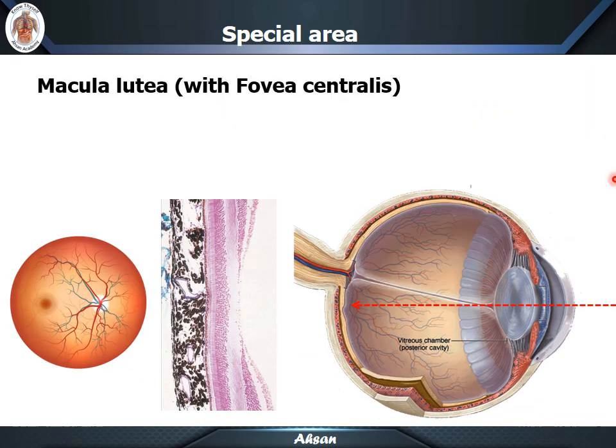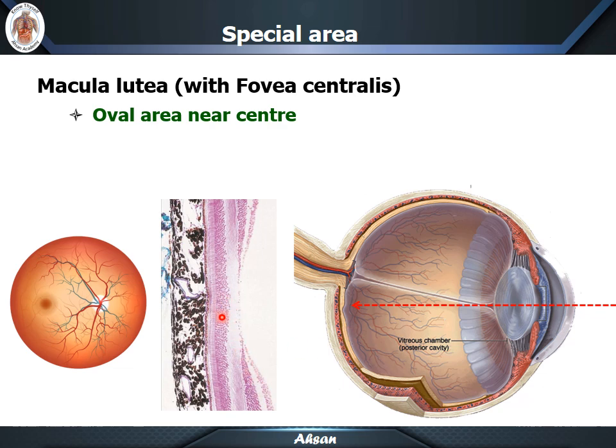The second area is the macula lutea. Fovea centralis is the other name. It is at the posterior pole and oval in shape near the center. You can see this is a bit thinner area.